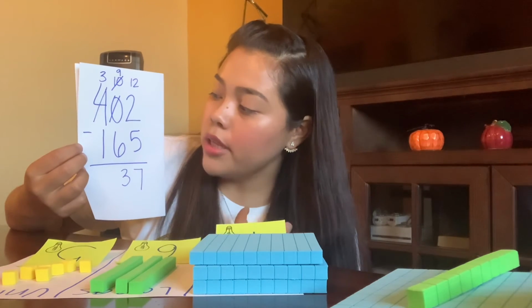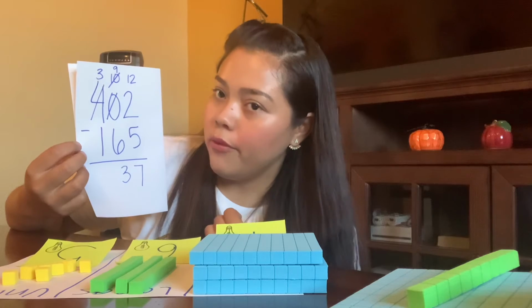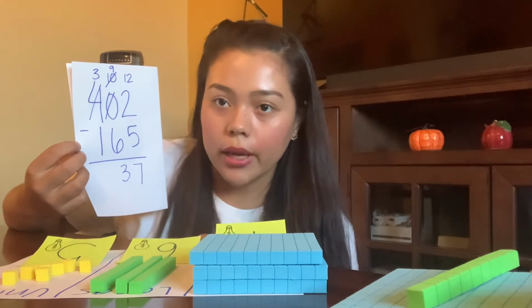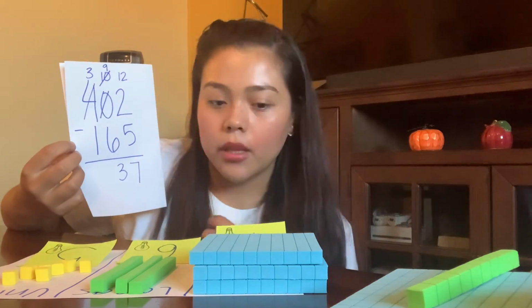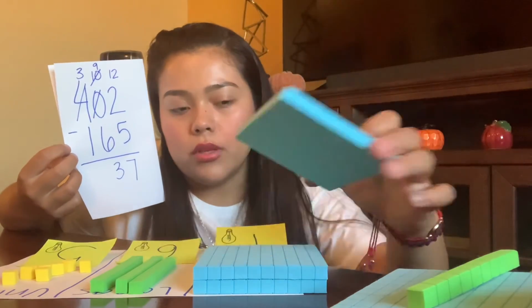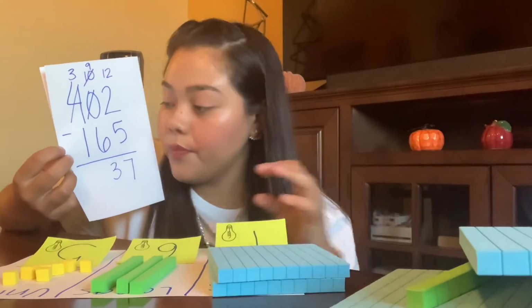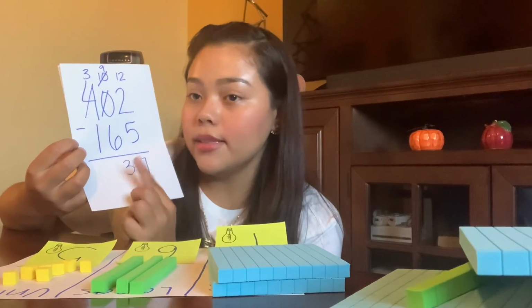We are now going to move on to our flats column. We are going to take 1 flat away from 3 flats. So let's do that. And we are left with 2 flats. Okay. And I'm going to write that down here.